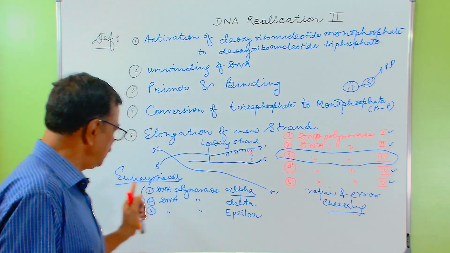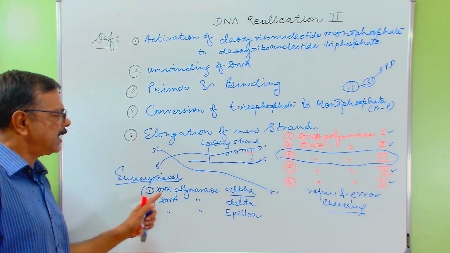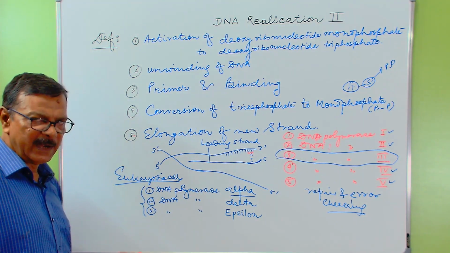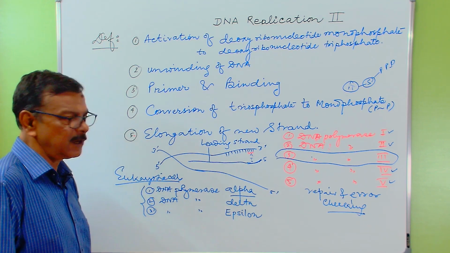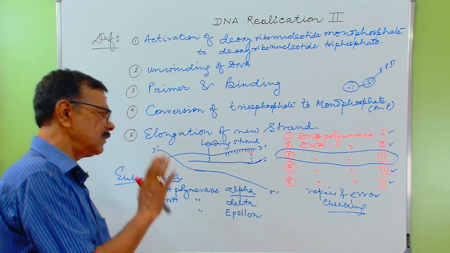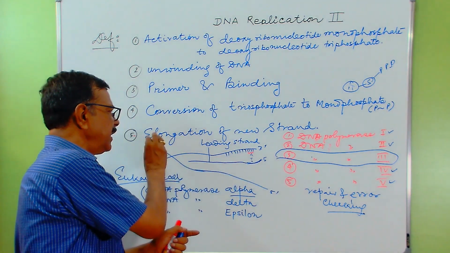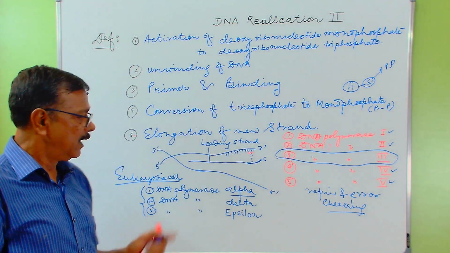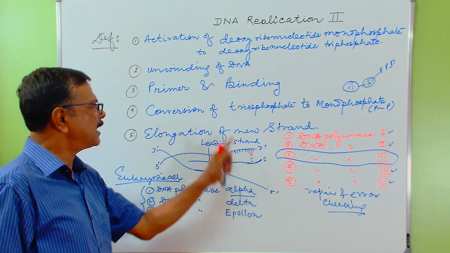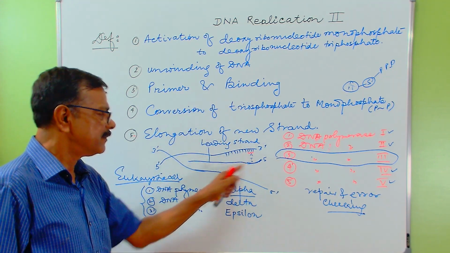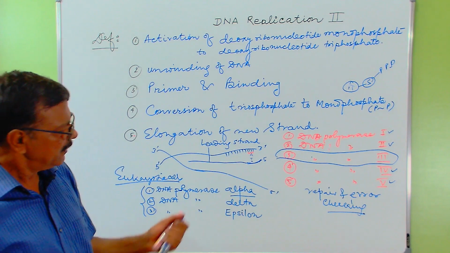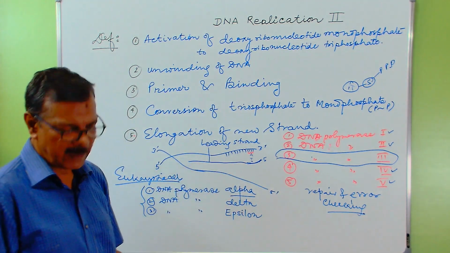In eukaryotic cells, DNA polymerase alpha, delta and epsilon are the elongating enzymes. Of course, they can work only after the RNA primer sits here. Okay, this forms the leading strand.